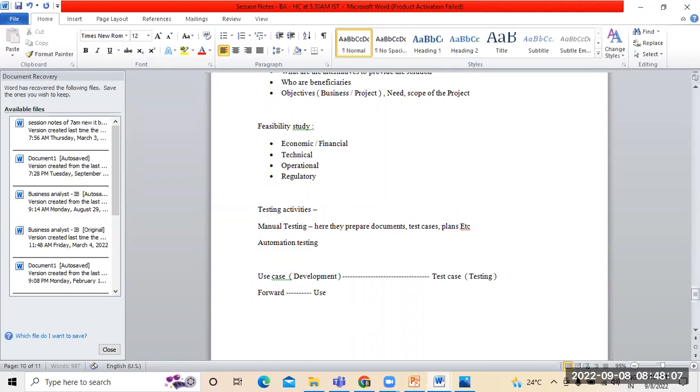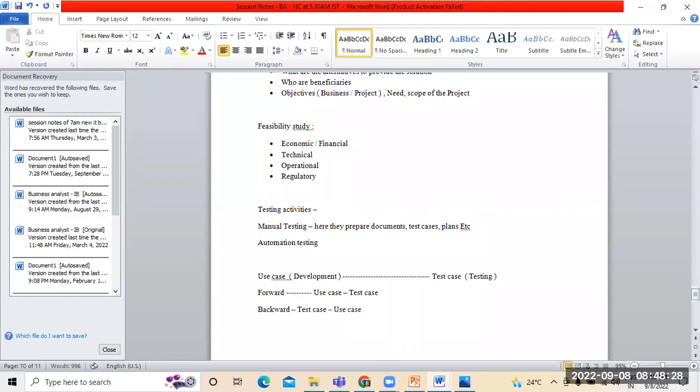Forward means connecting from use case to test case, which is what we call forward traceability. Second, we call it backward traceability. Backward means test case to use case.